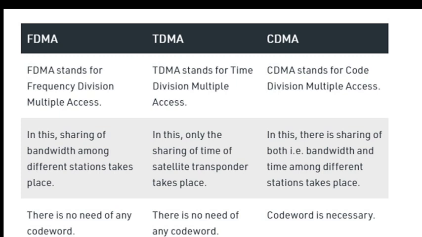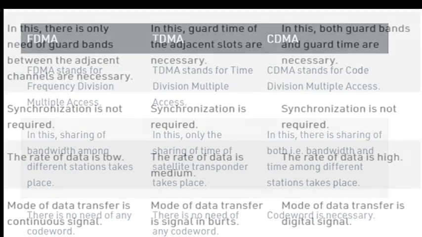In CDMA, the sharing of both the bandwidth and the time among the different stations takes place. In FDMA, there is no need of any code word, and in TDMA, there is no need of any code word. But in CDMA, a code word is necessary.